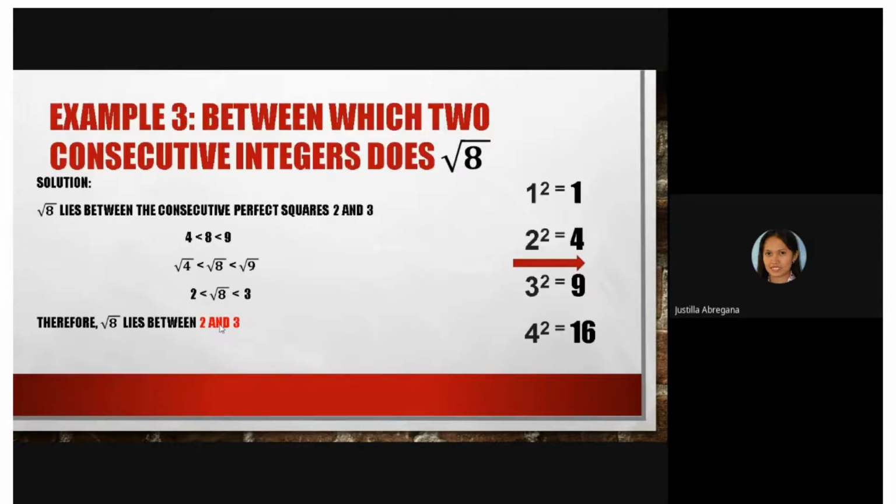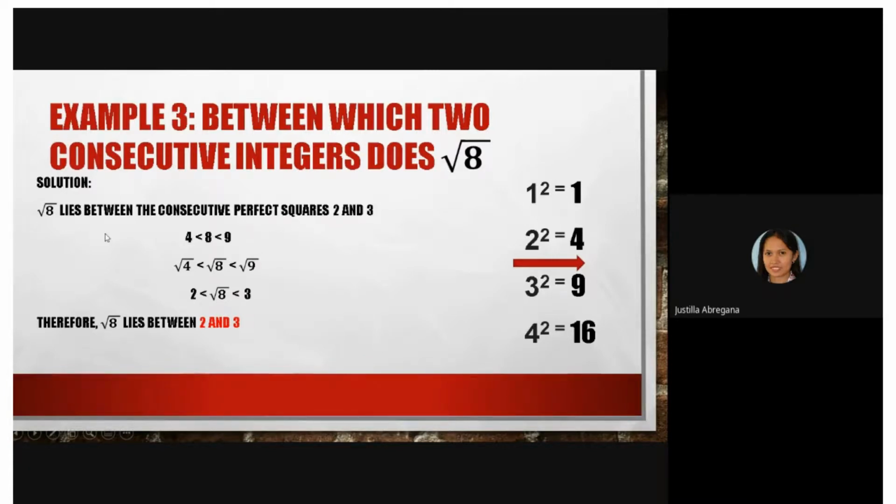Example 3. Between which two consecutive integers does the square root of 8 lie? So this is now our problem. For the solution, the square root of 8 lies between consecutive perfect squares, which are the roots 2 and 3.